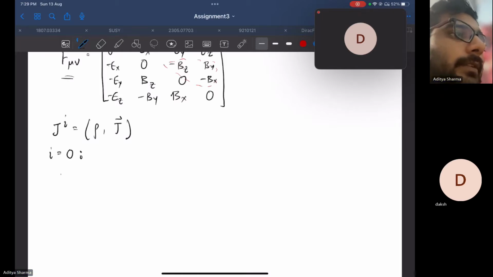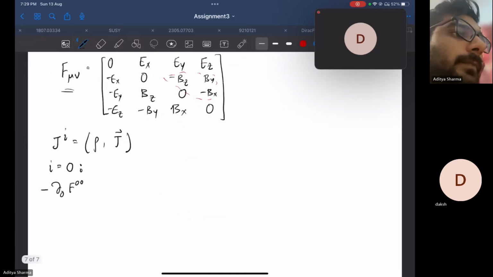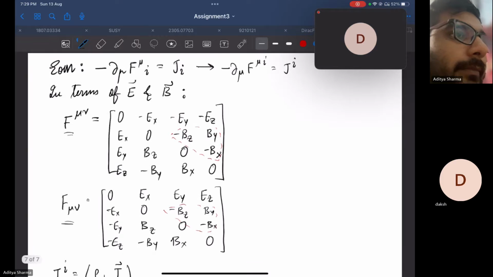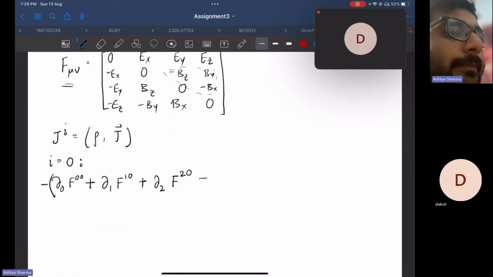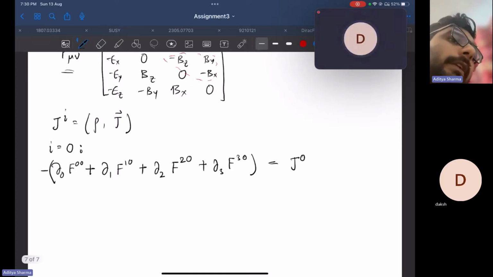So we have D0 F^00, plus D1 F^10, plus D2 F^20, plus D3 F^30, is equal to J^0. So the upper J^0 should be with a minus rho like this. Let us just check it.